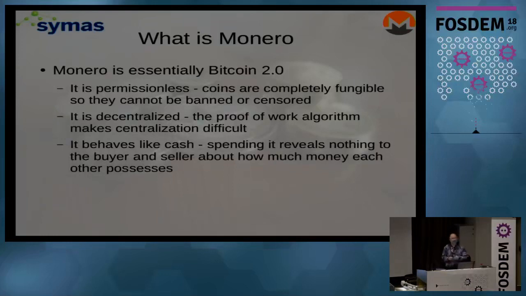And it actually behaves like cash, right? When I spend Monero with somebody, there's no trace of my history given to the other person, and there's no trace of their history given to me. It's as if I would take a 50-cent coin out of my pocket and hand it to someone, and he tosses it into a coin jar, right?